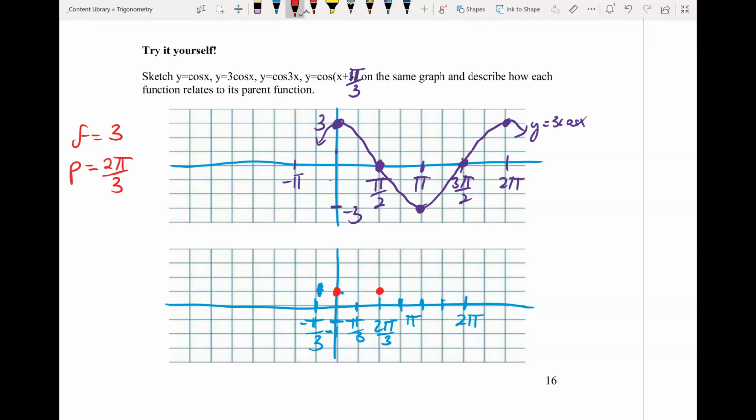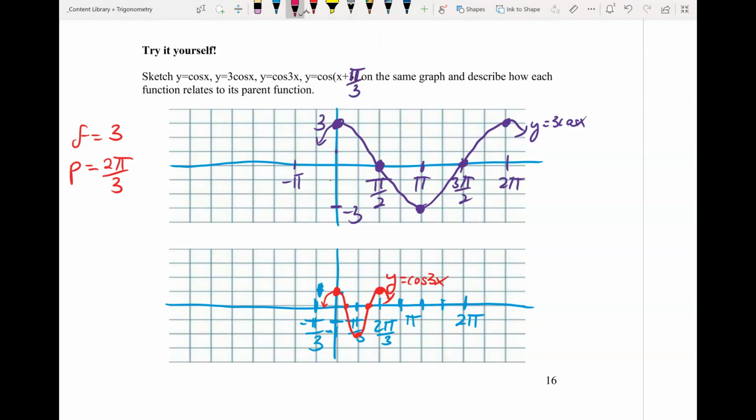This does have to be an even looking graph, so in here I am going to put in a point for our 0, then we're going to hit our minimum and then come back up. This is one period of y equals cos of 3x. So again, we want to start and finish between 0 to 2 pi over 3.